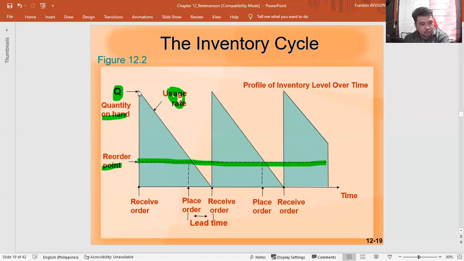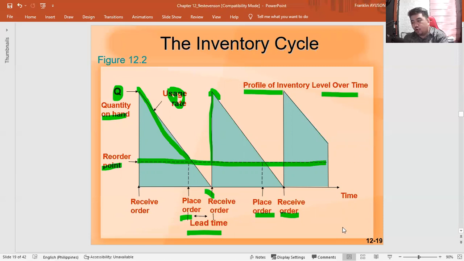In consideration of our usage, our inventory decreases, but at a certain reorder point, we need to place our order, in consideration of our lead time, in which the order will be received, and of course our stock will now be replenished. Yan. So lead time, place order ulit, lead time ulit, receive order ulit, replenish ulit. So this is now the profile of the level of our inventory over time.